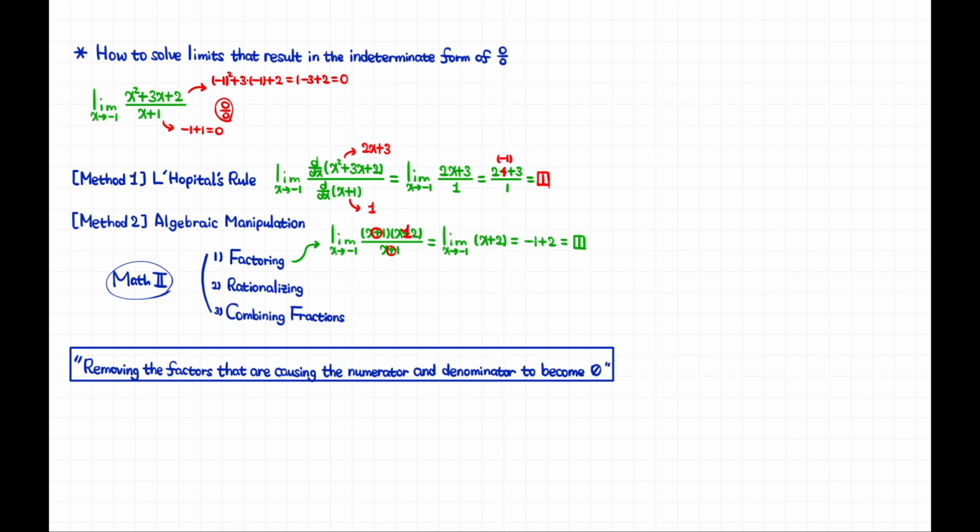Alright, now for the second method, rationalizing. So what kind of expressions does this apply to? Well, usually you'll see something like a square root minus another square root. So something like this. Sometimes both terms have square roots like this, but it doesn't really have to be like that.